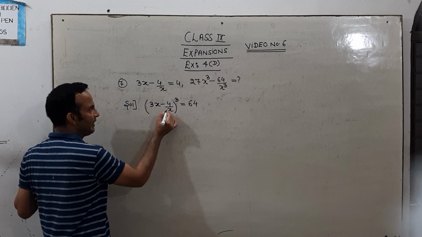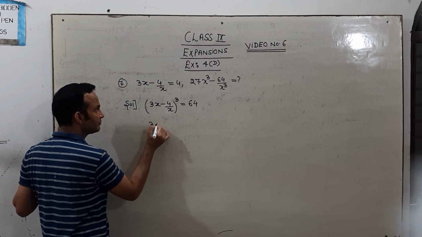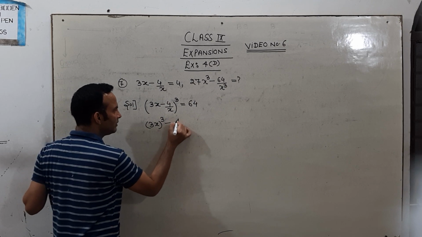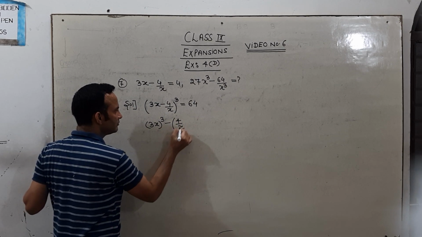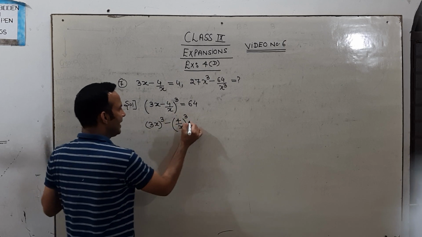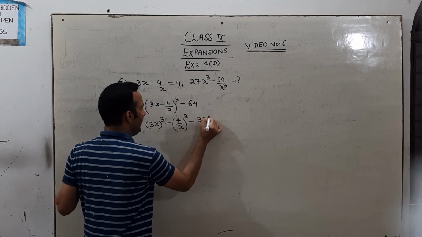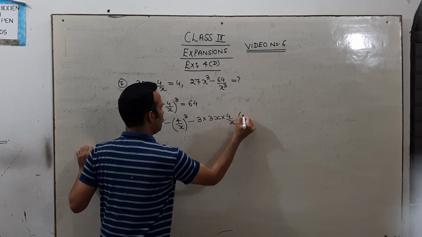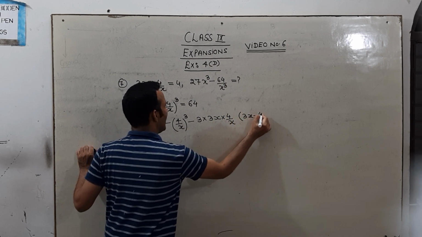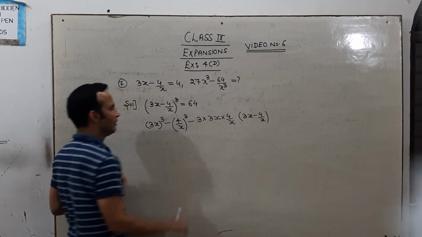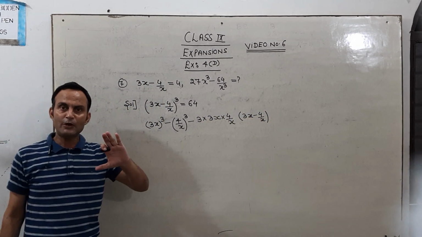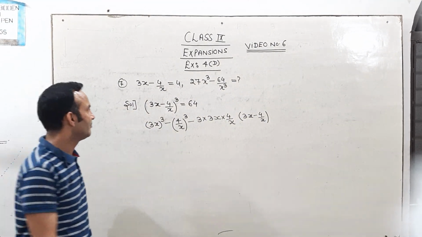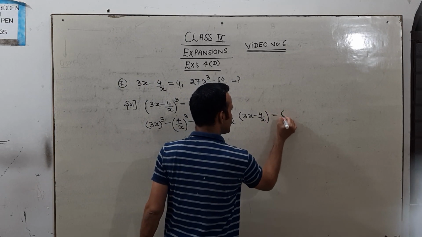Now a minus b whole cube, a cube minus b cube minus 3ab into a minus b. Okay? The formula of a minus b whole cube is what? a cube minus b cube minus 3ab into a minus b. This is equal to what?